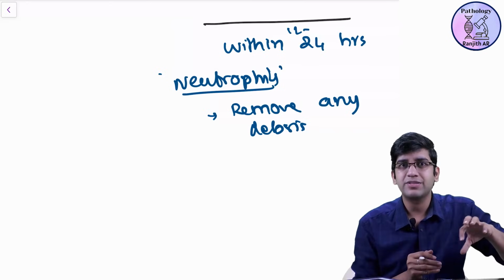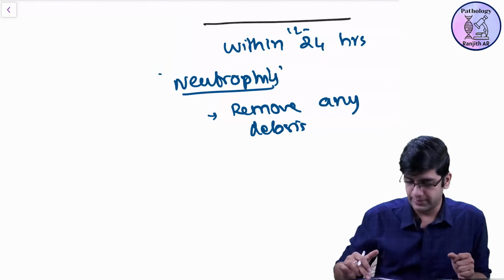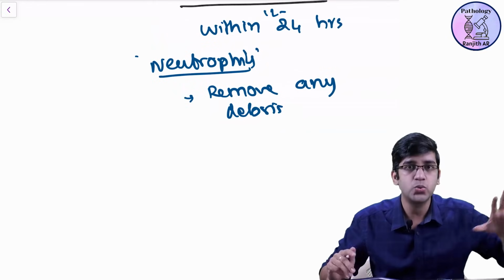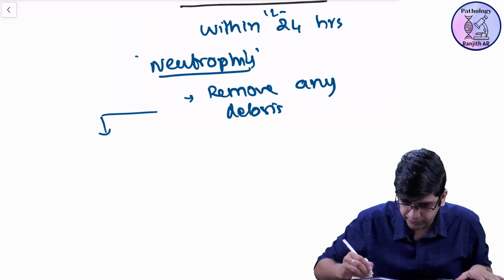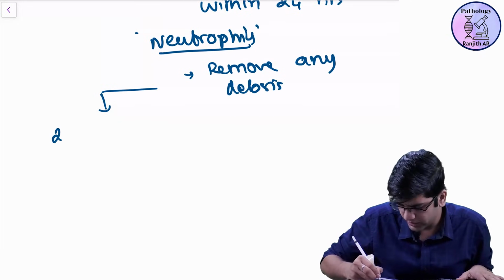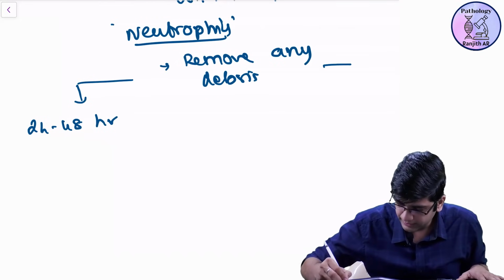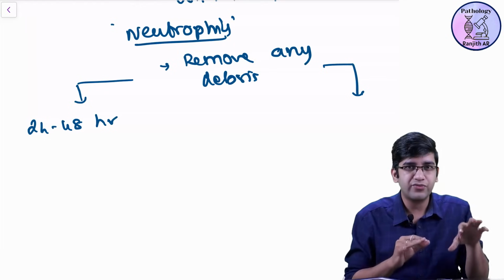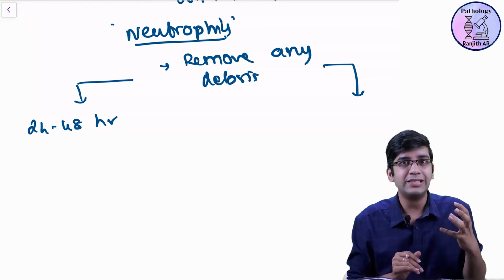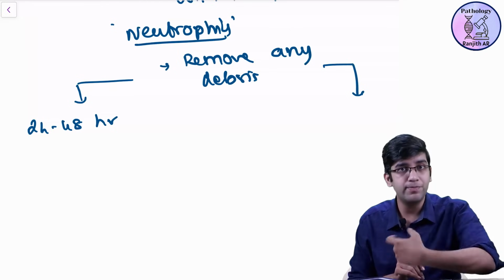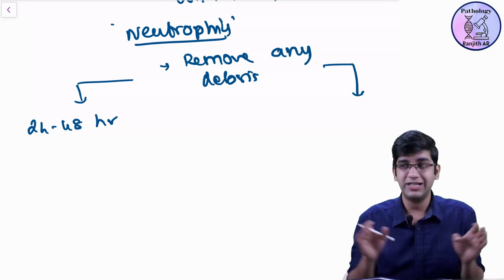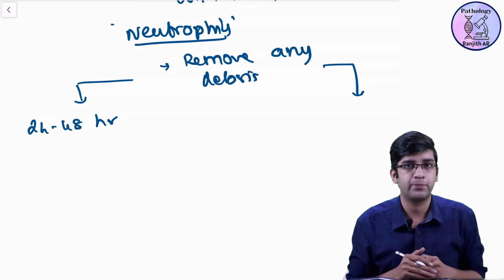At the same time, some amount of change also will start happening. So at around 24 to 48 hours, throughout the time, I'm going to have a few things happening. One in terms of bridging the gap. One in terms of covering the top.